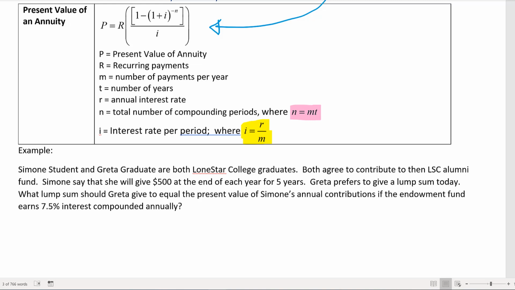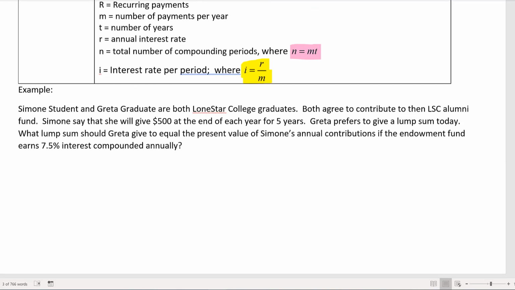All right, so let's go through our values that we're going to need to find. So we are trying to decide how much lump sum Greta should give, so that it will equal Simone's contribution. Simone gives $500 at the end of each year, so that's $500 as R, capital R, a recurring payment.